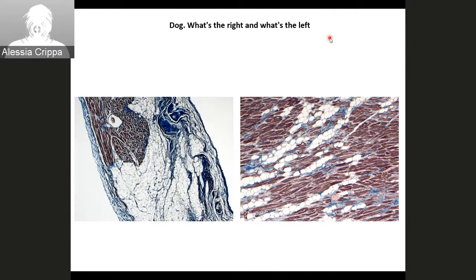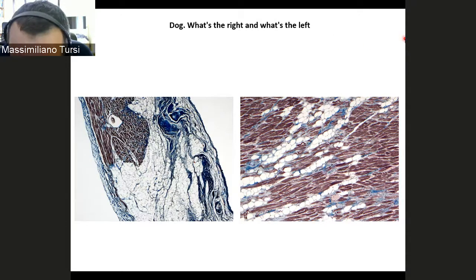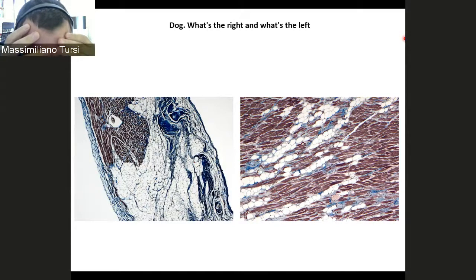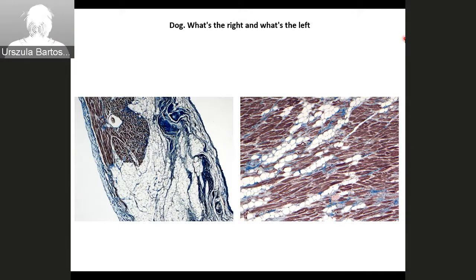Would it be anthracycline toxicity, in the left ventricle? I think Jonathan is asking whether a toxic can induce this kind of modification in the myocardium, whether it could be chemotherapy, like doxorubicin. Yes, exactly. Okay.